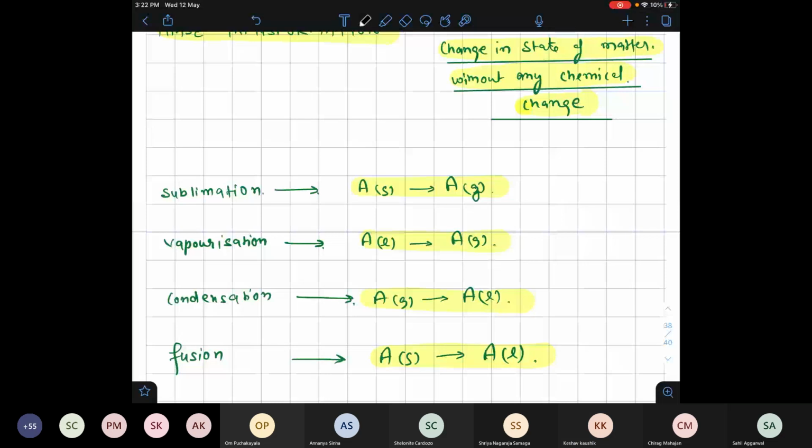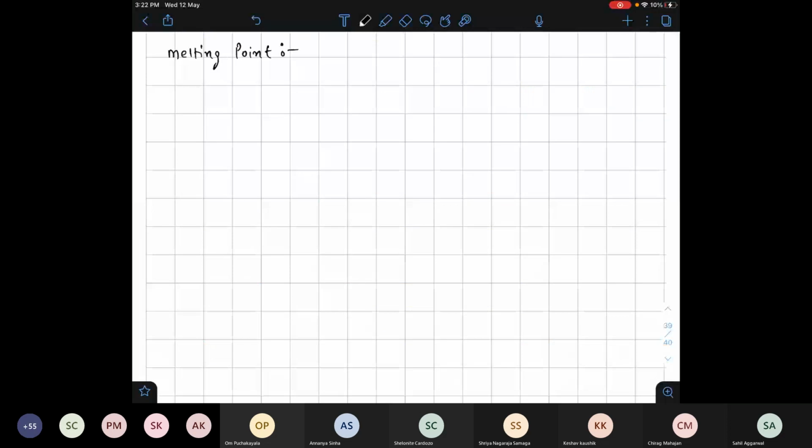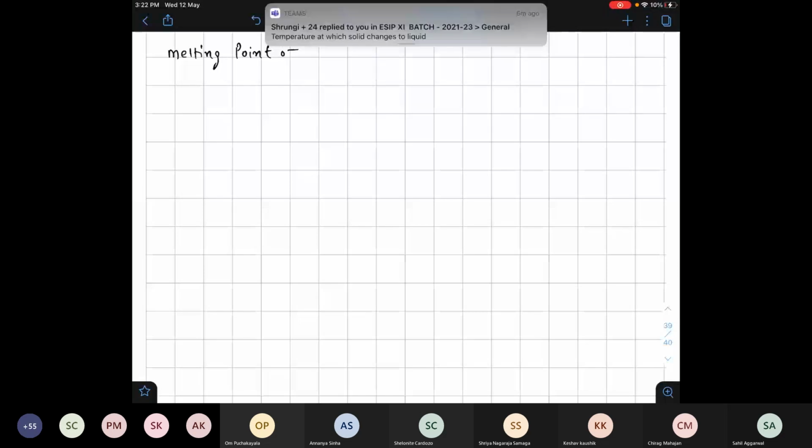What do you mean by melting point? The temperature at which entire solid changes to liquid. At which substance melts.